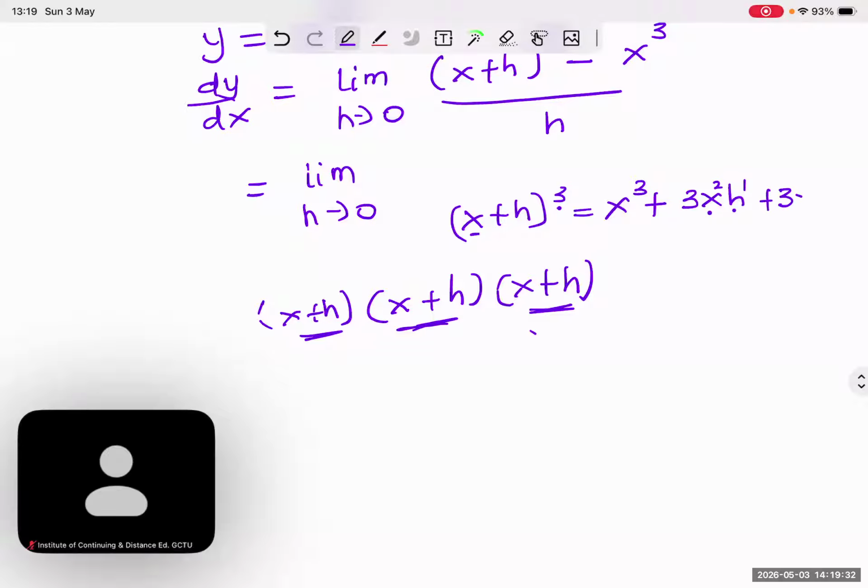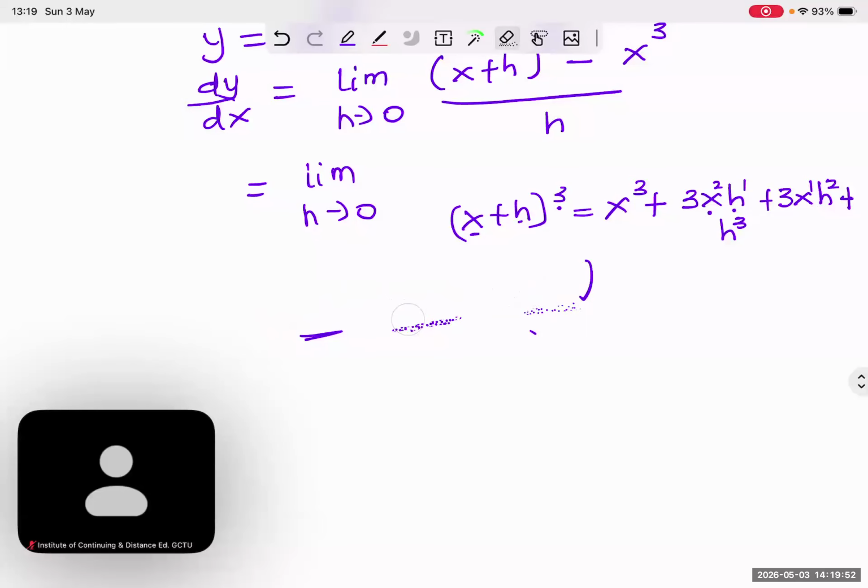Plus 3 times the same x and h, powers must sum up to 3. Since I put 2 on the x, this time I'm going to put 1 on the x and I'll put 2 on the h. Plus the last term is to cube the last term, so h cubed.